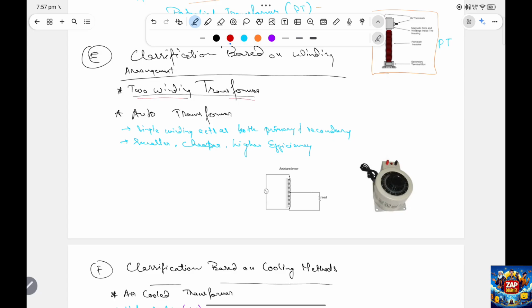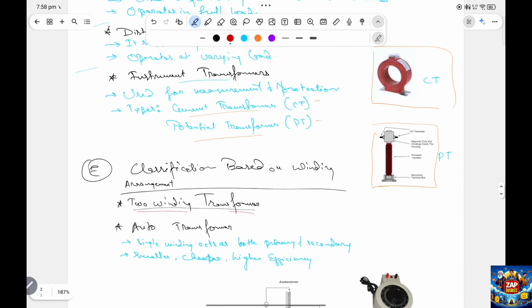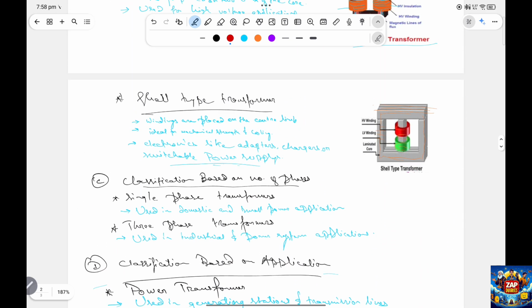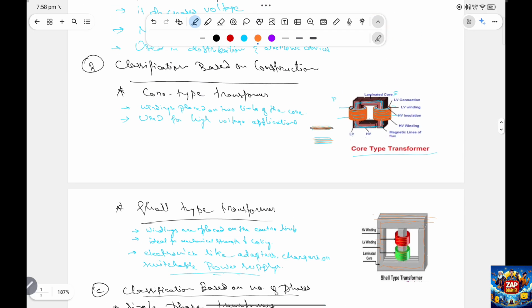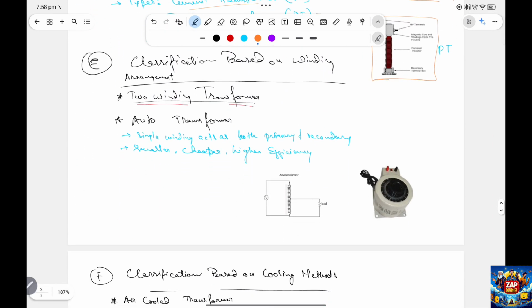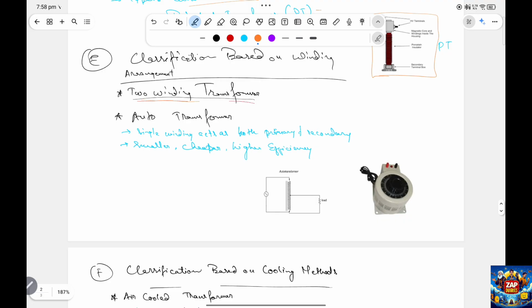All the transformers we have studied above are two winding transformers. You can see even in the shell type transformer there are two windings, the primary one and the secondary one, and in the core type transformer as well, there are two windings.